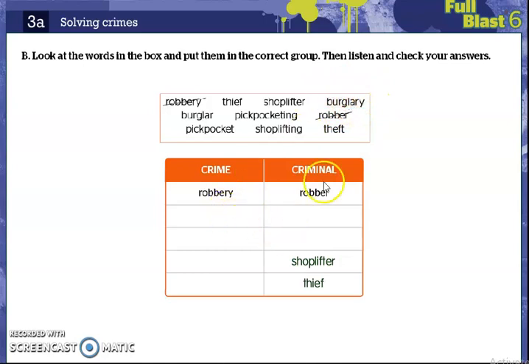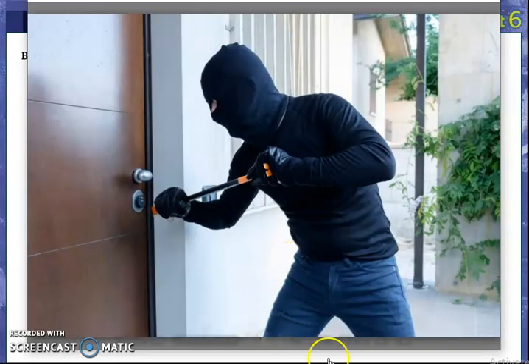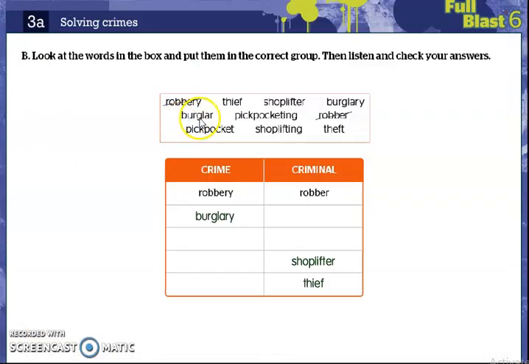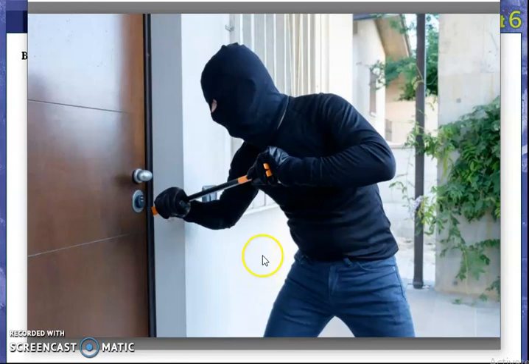Burglary is the criminal activity in which someone gets inside a building secretly and forcefully in order to steal things. Then burglar. He's a person who gets inside a building secretly and forcefully in order to steal things.